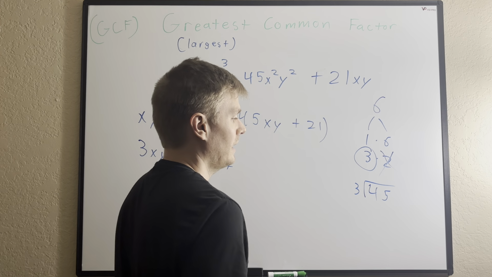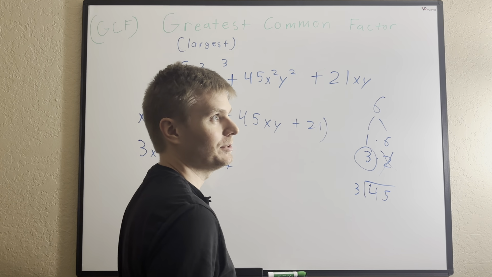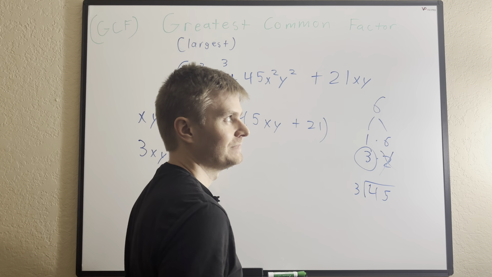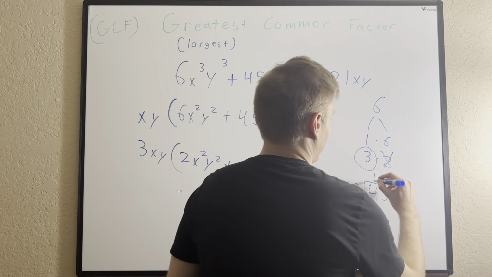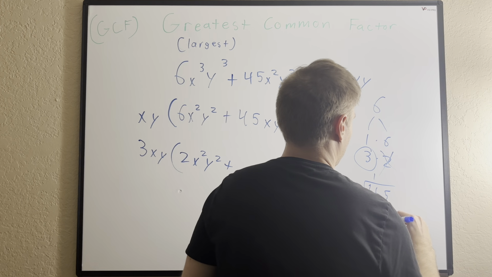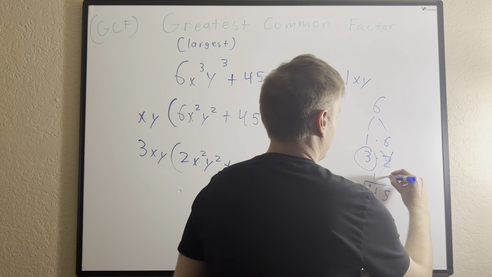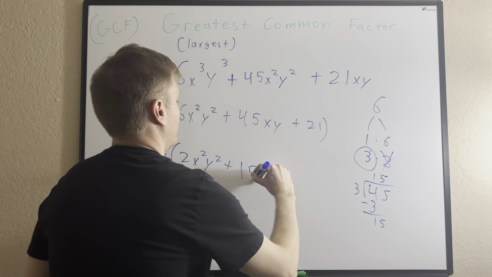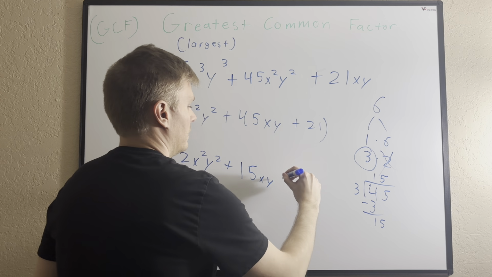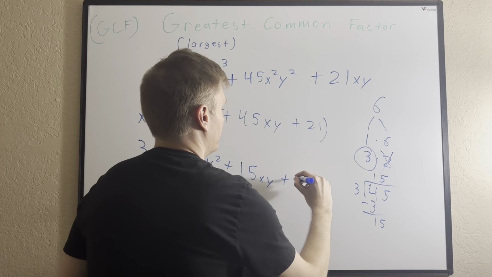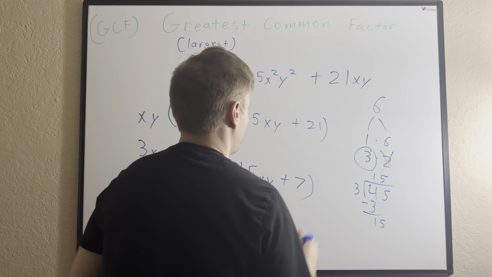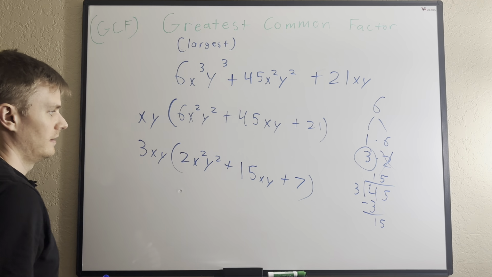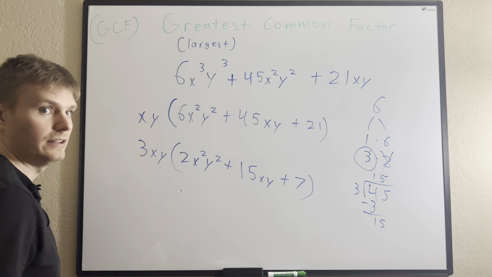I like doing things in my head, but my head isn't always the most reliable. 3 goes into 45, 15 times. Oh, okay. 3 goes into 21, 7 times. And we're done.